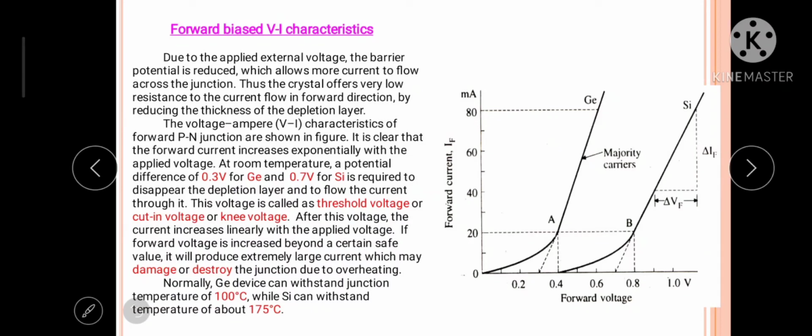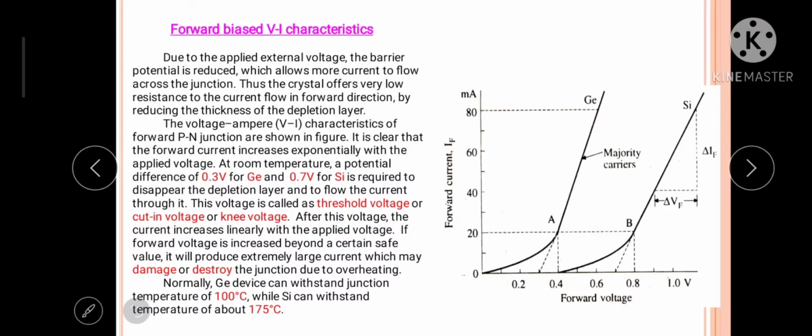At room temperature, a potential difference of 0.3 volt for germanium and 0.7 volt for silicon is required to disappear the depletion layer and to flow the current through it. This voltage is called as threshold voltage or cut-in voltage or knee voltage.